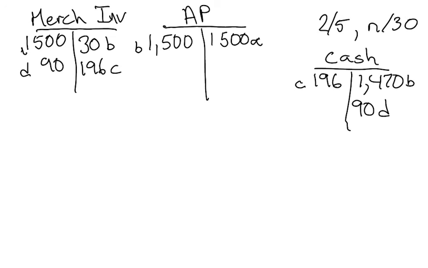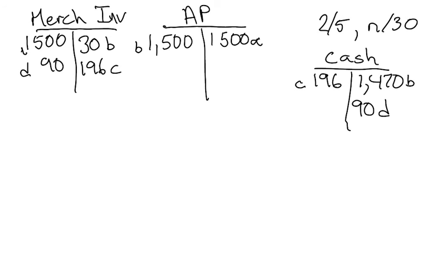On November 13th, Chilton Systems sells merchandise for $1,600 on credit, and the cost of the merchandise is $800. Now, remember, we're doing this on the perpetual system. So when you make a sale, you need to make an adjustment to the revenue as well as an adjustment to the inventory at the time of the sale.